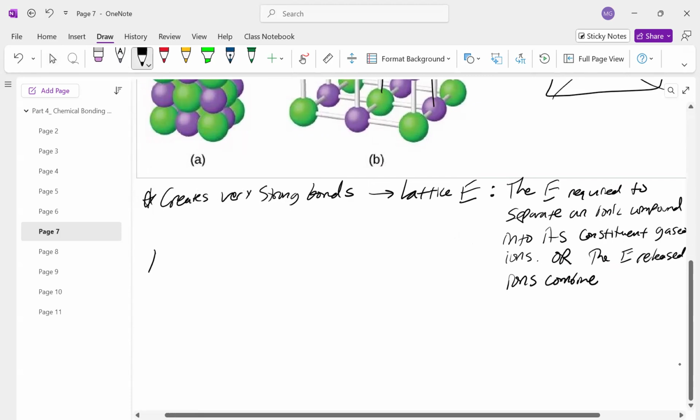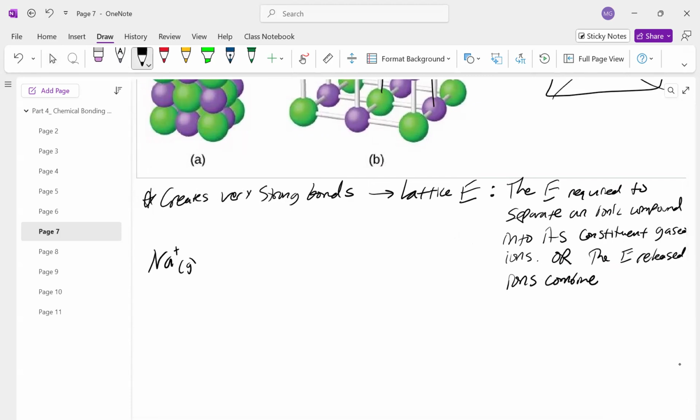So, for example, when sodium ions combine with chloride ions, it forms sodium chloride. The amount of energy that's released, we use this term called delta H. I'll dive deeper into that a little bit later, but right now just think of it as a measure of energy. It is negative 769 kilojoules per mole.